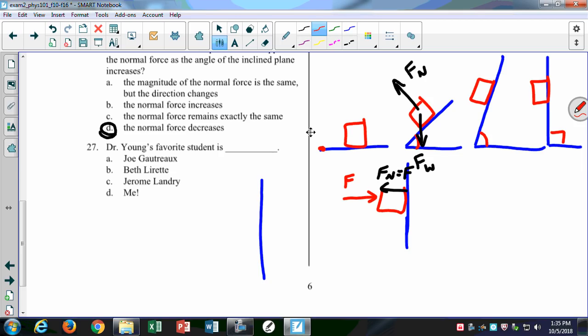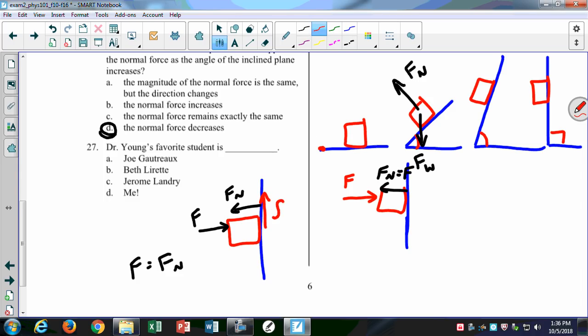If I have something up against the wall like this, and I have a force acting on it, this force is equal to the normal force. This is not the normal force. So F is equal to Fn. Now the frictional force is different here. The frictional force actually is acting up.